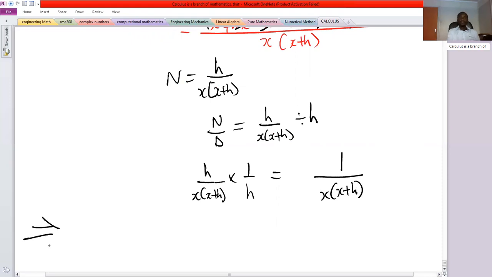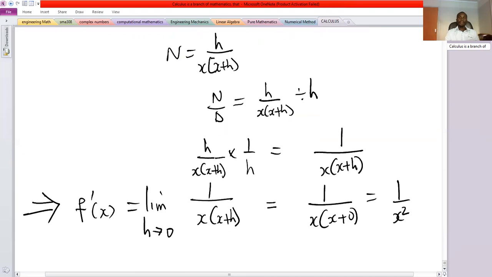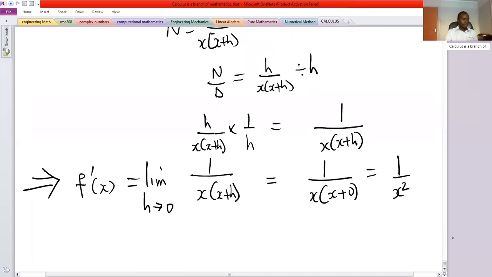So therefore, the derivative of the function will be the limit as h approaches 0 of this expression. Direct substitution will work. So put 1 over x times x plus 0. This will be 1 over x squared. Or you can say f prime of x is given by x raised to minus 2.